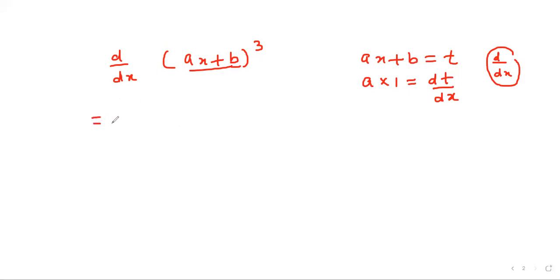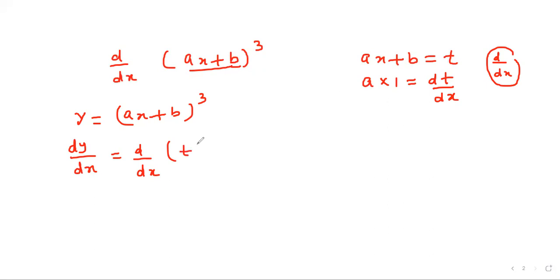Suppose we assume this question as y equal to ax plus b whole power 3. So dy by dx is equal to d upon dx of this, which we have assumed as t, so t cube. Now this is t, this is x, so differentiation will be difficult.